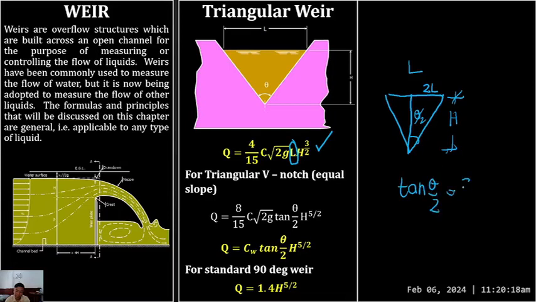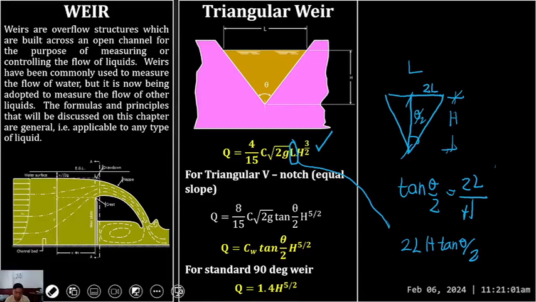Opposite natin is L over 2, adjacent side natin, this is H. Kaya, L over 2 equals H tan theta over 2.